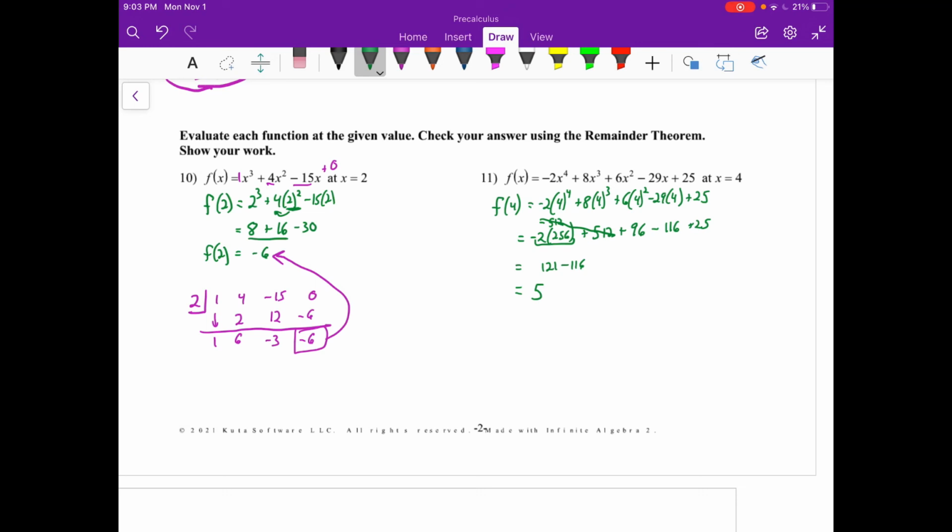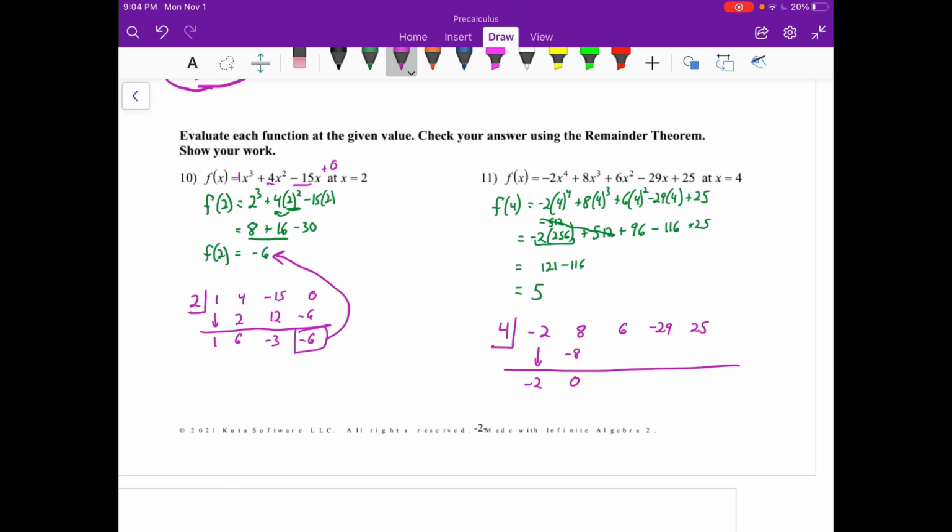Now we are going to do synthetic division to check that. So we're going to do 4 and list our coefficients. We got negative 2, 8, 6, negative 29, and 25. We bring down the negative 2. 4 times negative 2 is negative 8.